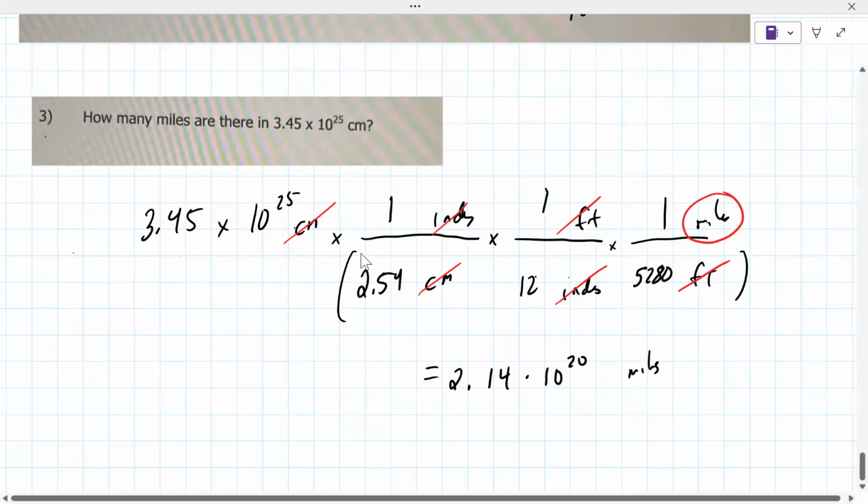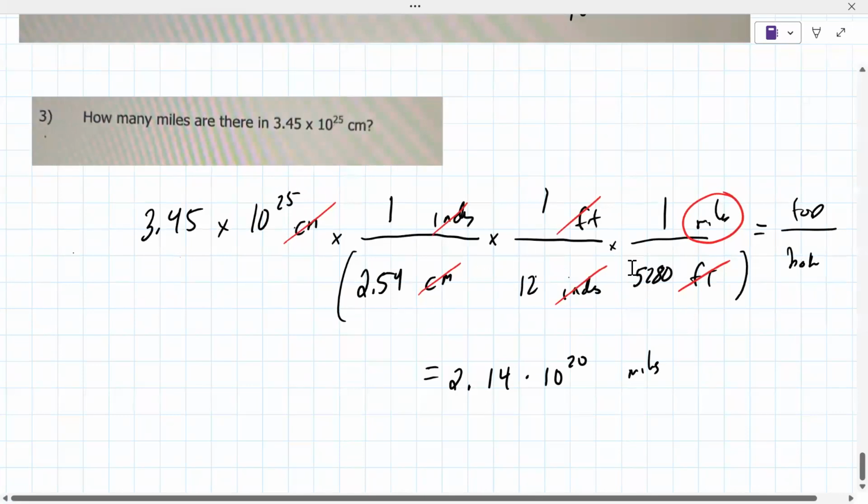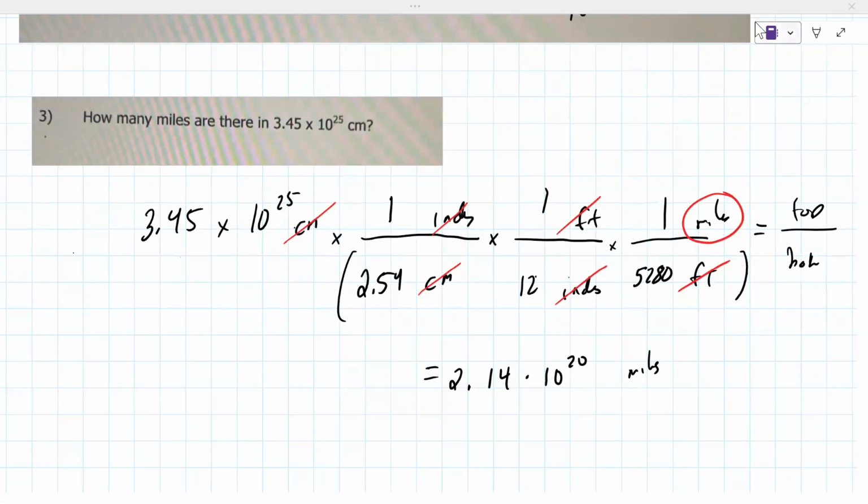Did you have to put parentheses around this? Your choices here are either to multiply everything on the top and everything on the bottom and then divide, so you get a top and a bottom, or you're dividing by each of these values. Now let me check my calculation. 3.45 times 10 to the 25th, 2.54, 12. Yeah. Okay. I'm pretty confident in this result here.